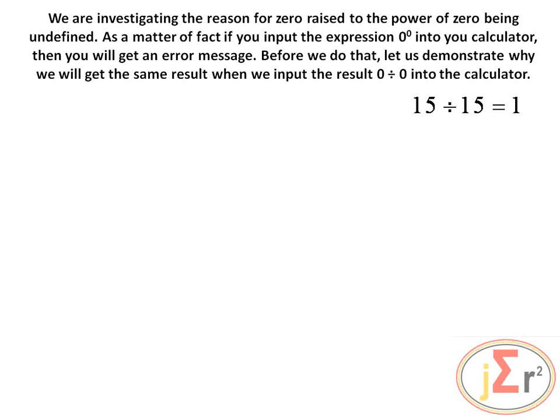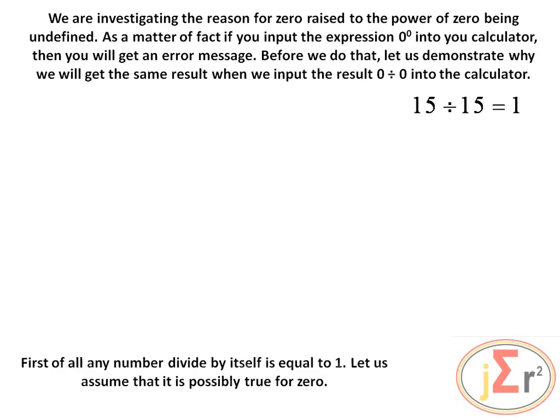What we have there is 15 divided by 15 is equal to 1, and we imagine the same thing for any number. 4 divided by 4 is equal to 1. So let us say that it is true: 0 divided by 0 is equal to 1, because if we divide a number by itself, the result is 1.